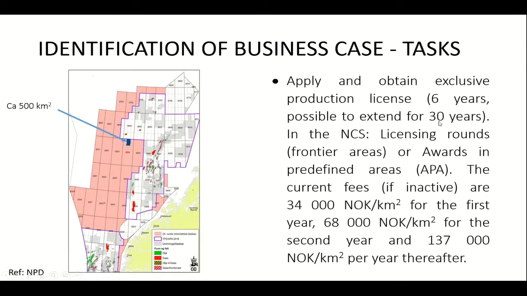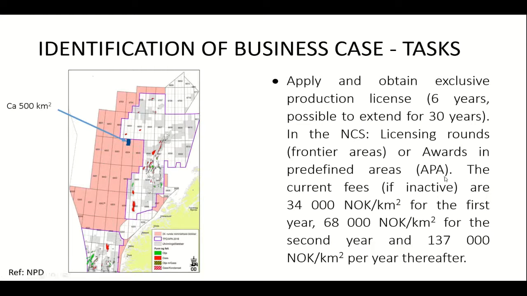If you apply for this license, there is a fee for applying. And to encourage you to go from discovery to development as soon as possible, there are some fees that the companies are charged if there is no exploration or no production.